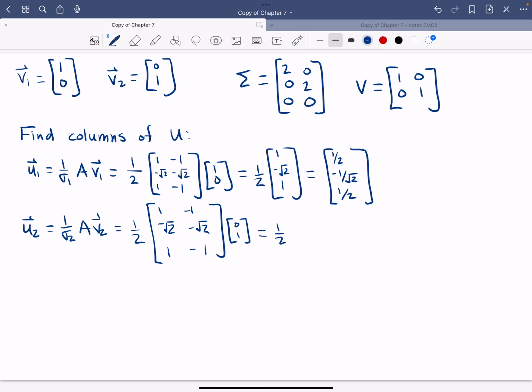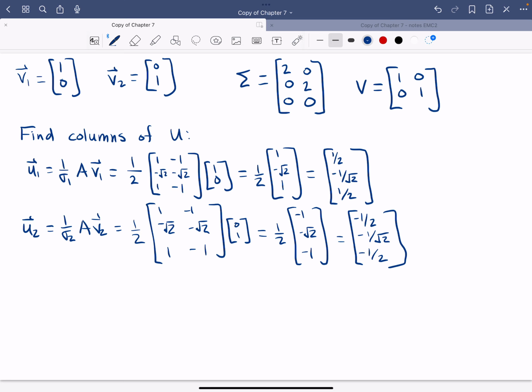And so we get 1/2 times, which should be negative 1/2, negative 1 over rad 2, and negative 1/2.